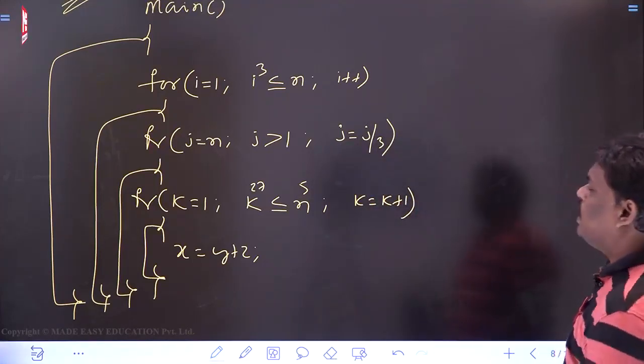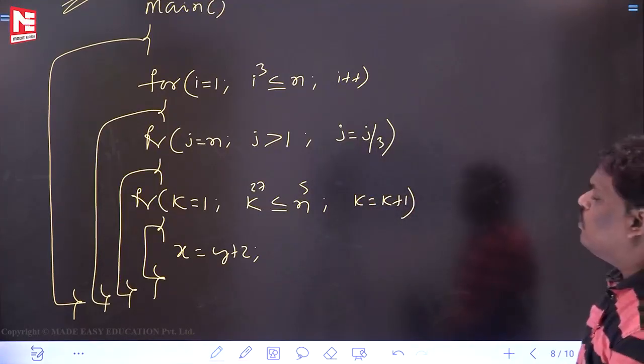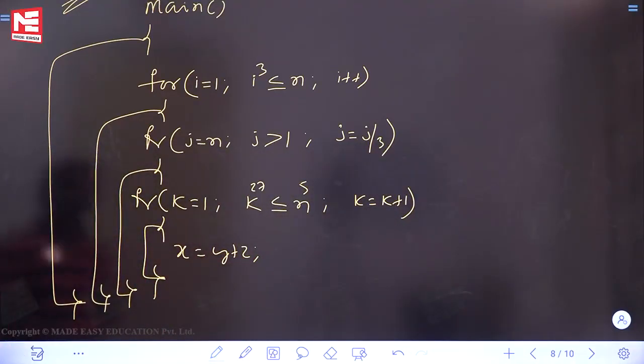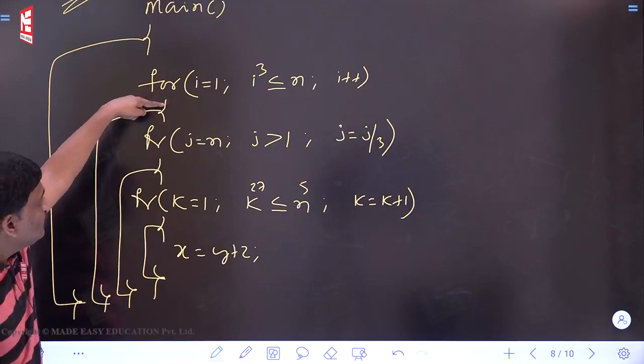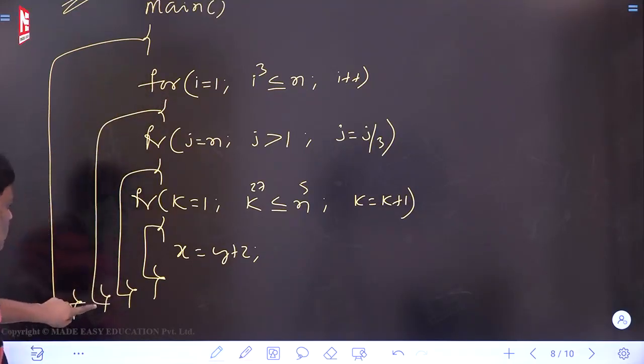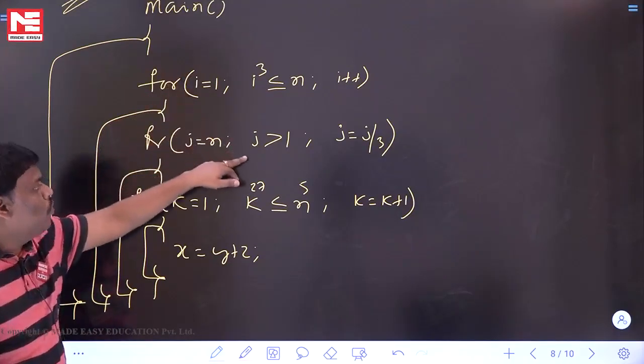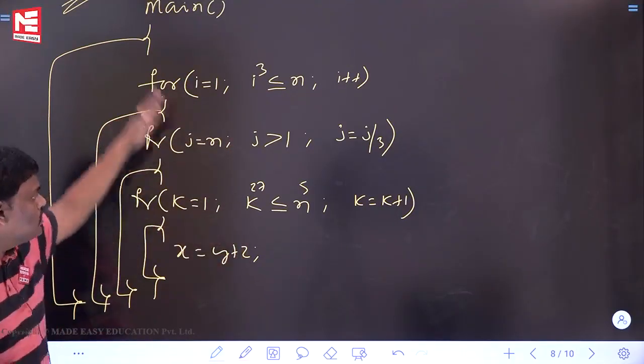I loop, J loop, K loop. Can you help me with one small line now? I loop, J loop, K loop, three loops are there. Are these inner loops or outer loops? I started here, I will be over here. Each I value, J goes on; each J value, K goes on. These are inner loops.